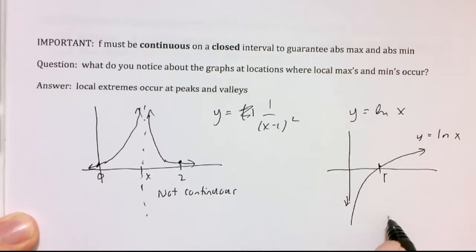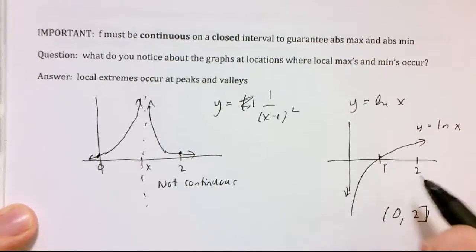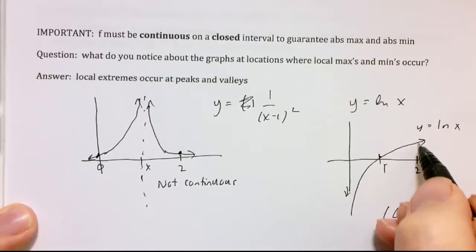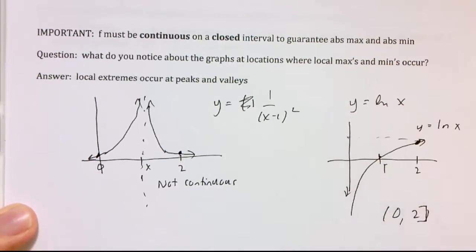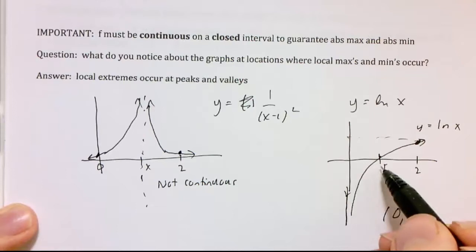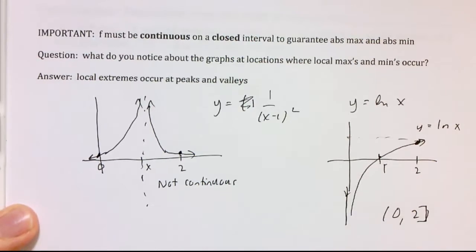Now if I work on the interval, say, from 0 to 2, I can close it there, but I can't close it at 0 because the natural log of 0 is undefined. So we have an absolute max there. The natural log of 2 would be the absolute maximum value. But there's no absolute minimum value because of this. We've got a vertical asymptote here. As x goes to 0 from the right, the natural log of x goes to minus infinity.